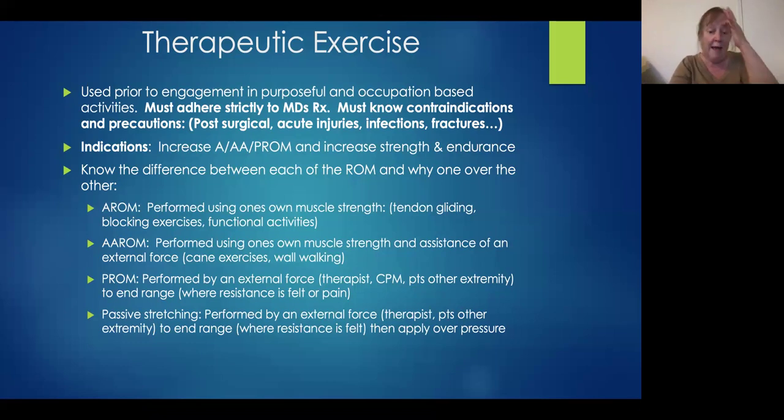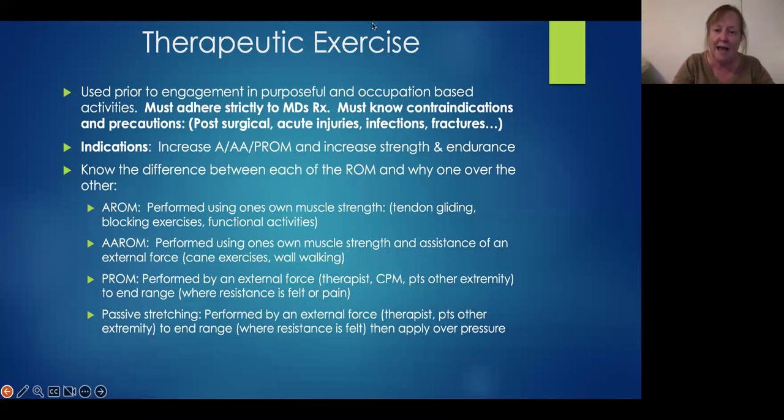Now, we do passive range of motion usually for two main reasons. One is post-surgical. The doctor did a surgery and they only want passive range of motion. We see that a lot with the shoulder surgeries, okay? You get a diagnosis on the exam and it's a rotator cuff repair or a shoulder fracture. It's not uncommon for us to be given an order of passive range of motion.